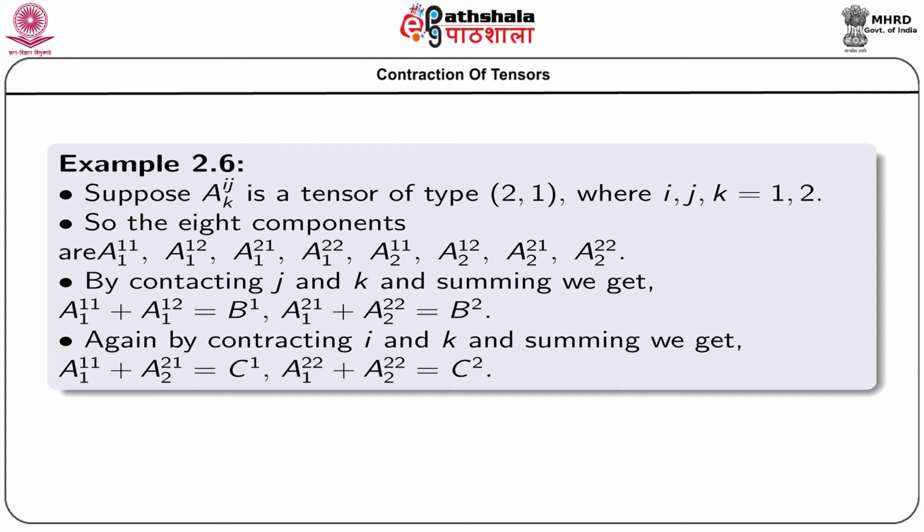Taking i equal to k and summing, we get a111 plus a212 equals c1 and a121 plus a222, that we denote by c2. So, from a i j k we can have different components. When we contract j and k, we get the components b1 and b2, and when we contract i and k, we get the components c1 and c2.